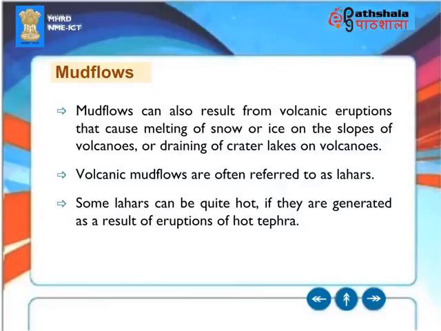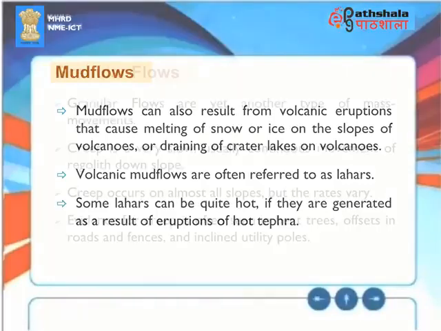Mudflows can also result from volcanic eruptions that cause melting of snow or ice on the slopes of volcanoes or draining of crater lakes on volcanoes. Volcanic mudflows are often referred to as lahars. Some lahars can be quite hot if they are generated as a result of eruptions of hot tephra.